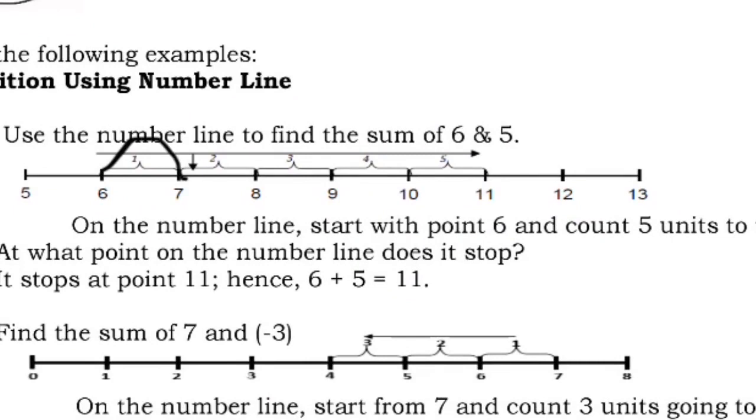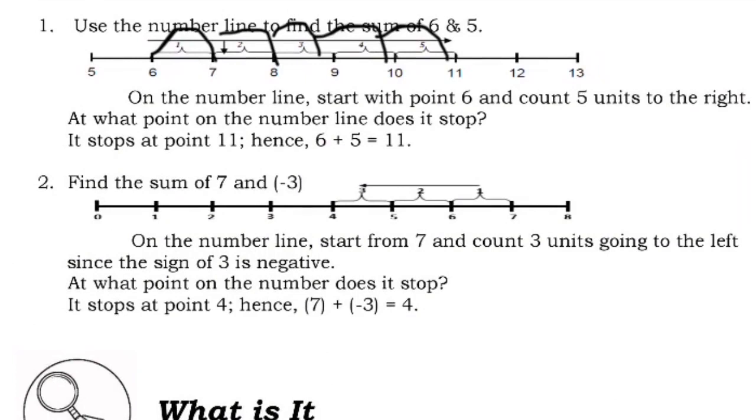From 6, 1, 2, 3, 4, 5. So 6 plus 5 falls on 11, meaning 6 plus 5 is equal to 11.